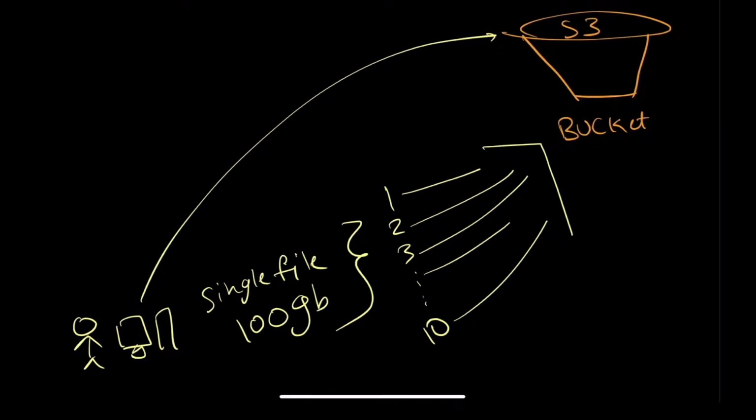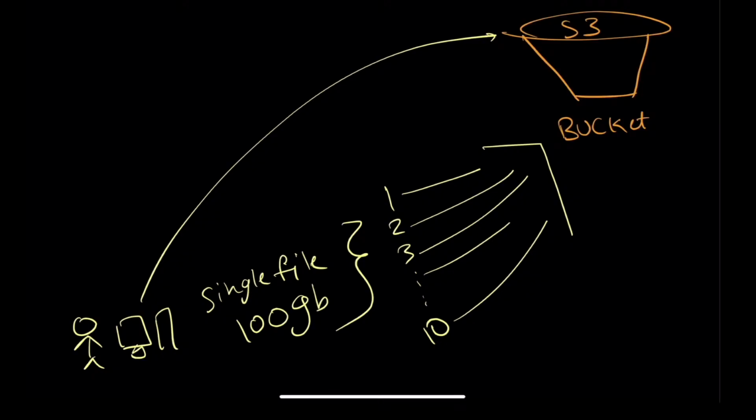Wow, so that means all 10 parts are getting uploaded. This is what is known as parallelism. You are using a parallel architecture for uploading the same file, at 10 times the speed in a way, by dividing it into 10 parts.